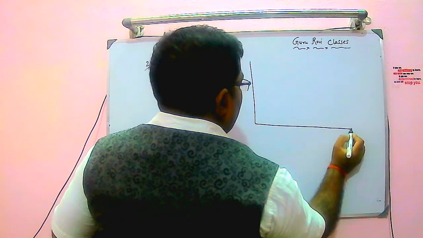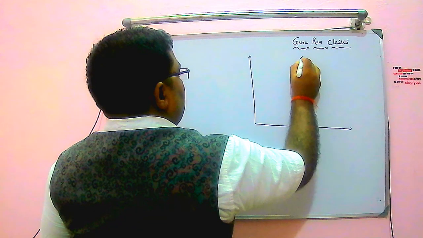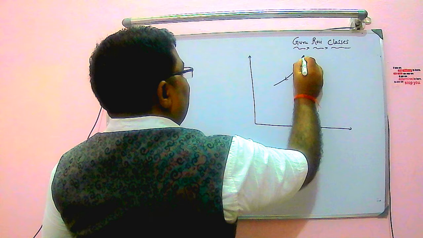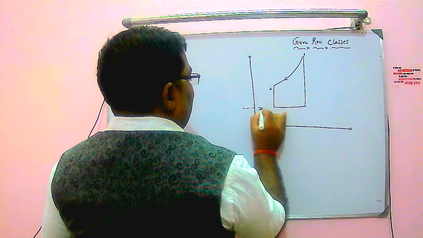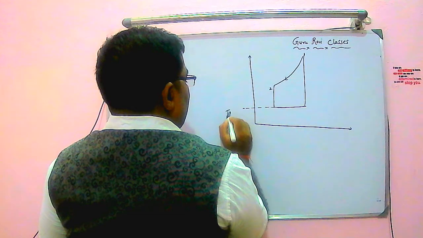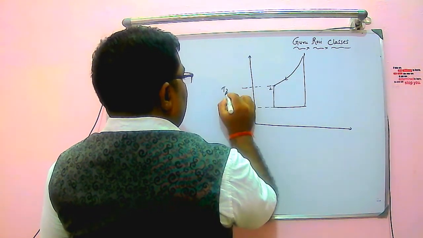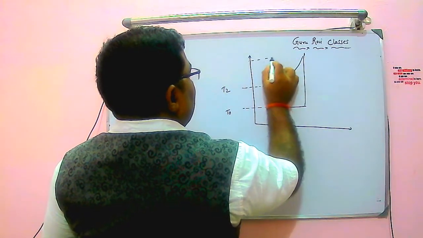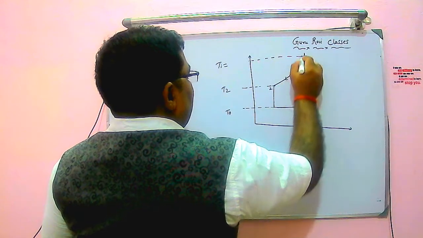In a certain process, the gases are getting cooled from 1100 degrees Celsius, from first point to second point, and then finally it is rejecting heat at the surrounding temperature, that is called T naught. This is T2 and this is T1. So this is the gas basically.